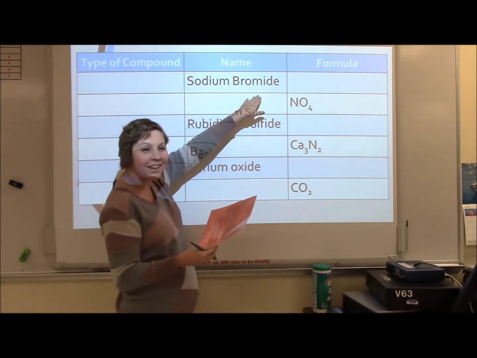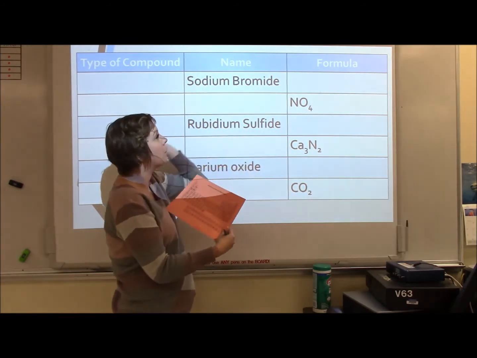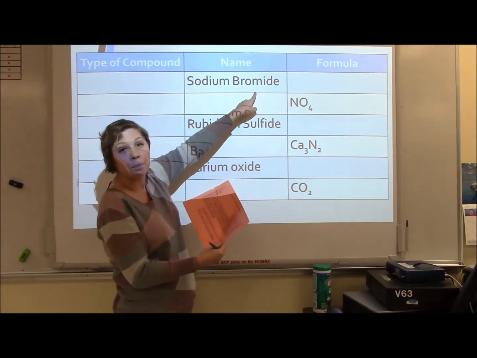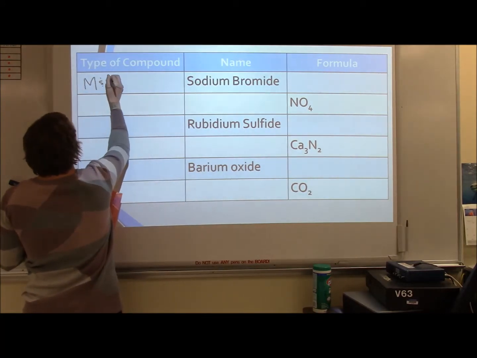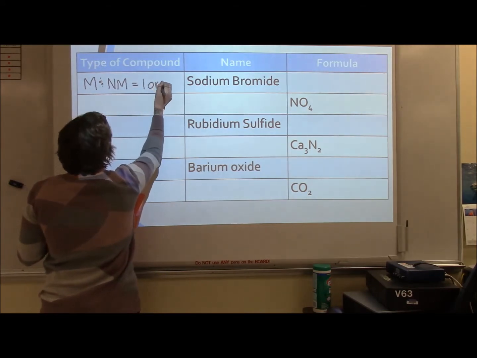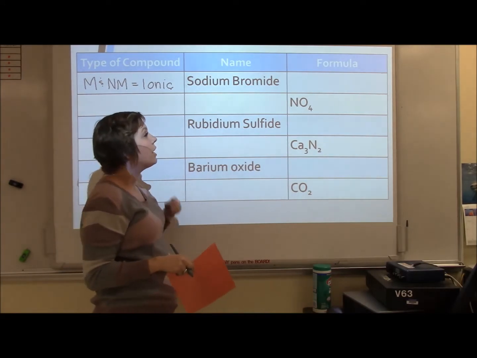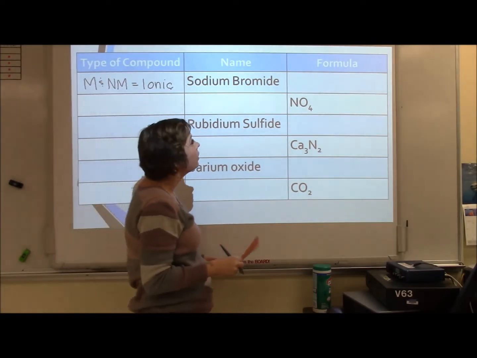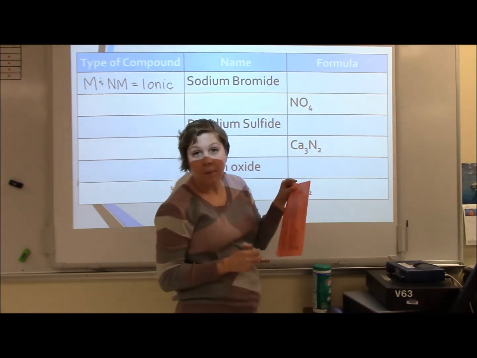Then bromine, when I find bromine, it's Br, it's on the other side. So on the right-hand side, it is a nonmetal. Okay, so this is a metal and a nonmetal, which is going to make this ionic. So this is an ionic compound. Then if I'm thinking of my formula, I need to keep in mind the charges that both of them form.